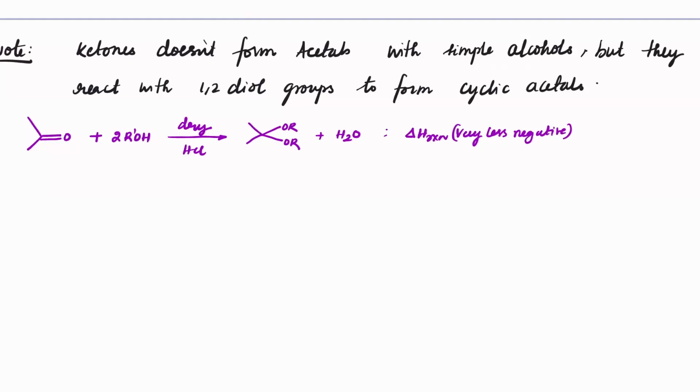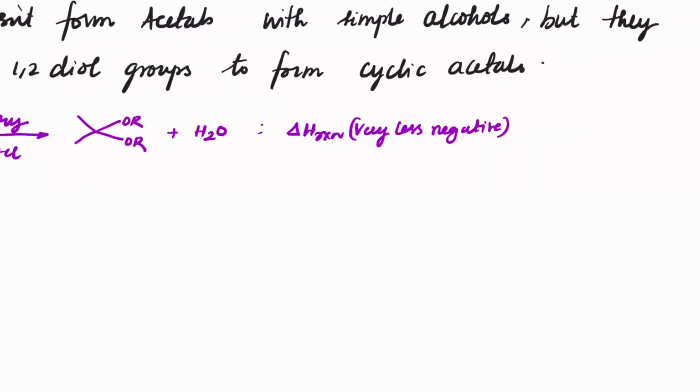So that means this reaction is highly entropy driven, correct? If you recall, to make the reaction spontaneous, delta G has to be negative. But if delta H is not accounting much for the spontaneity, then only entropy will account. If entropy is positive, then only delta G will remain negative.